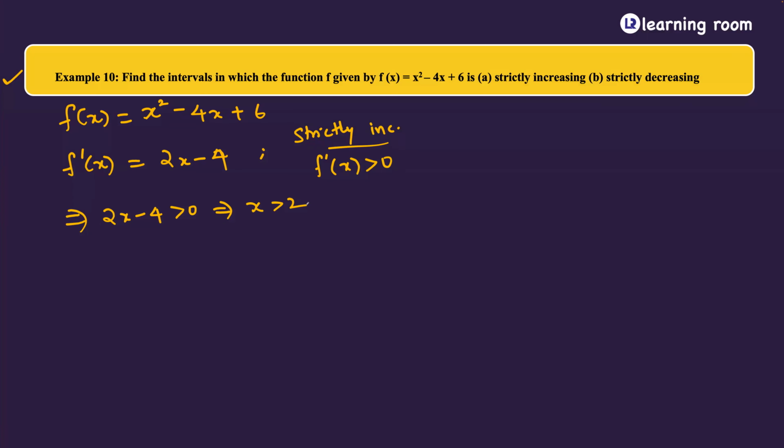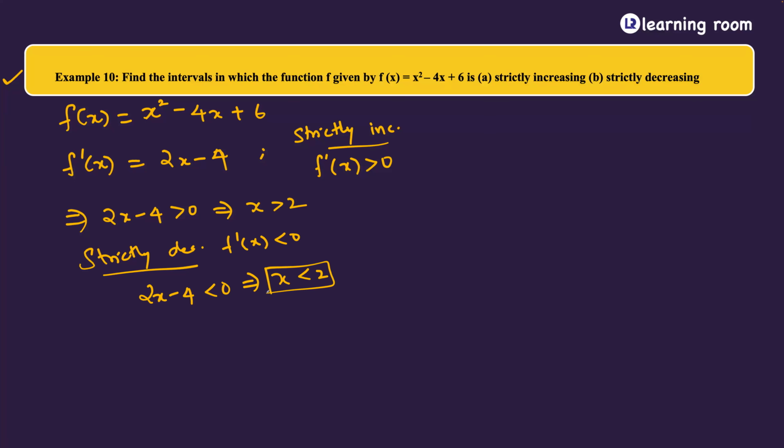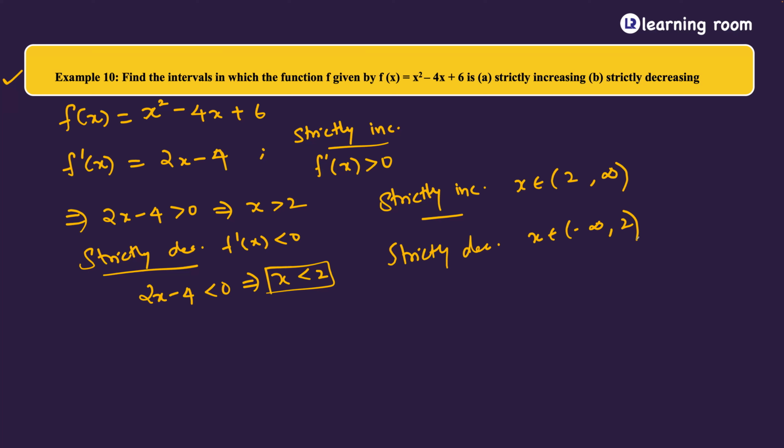Correct? Similarly, for strictly decreasing, f dash of x will be lesser than 0. So 2x minus 4 is less than 0, which implies x is less than 2. So for strictly increasing, we write x belongs to 2 to infinity, and for strictly decreasing, we say x belongs to minus infinity to 2.